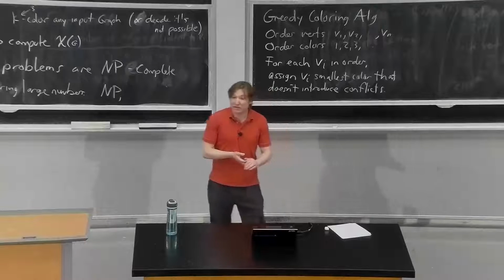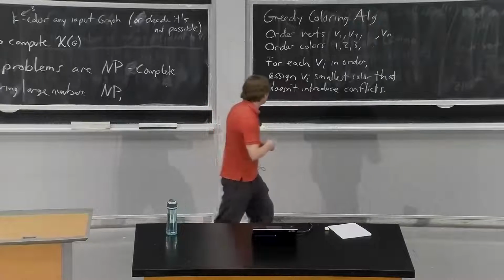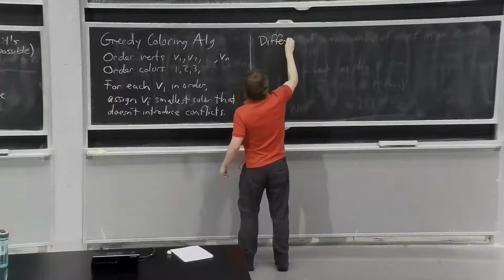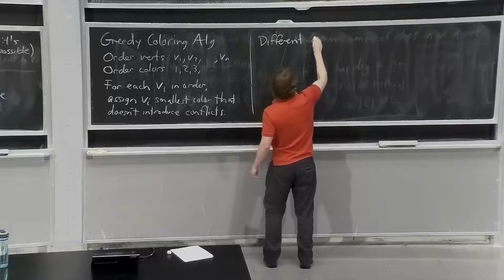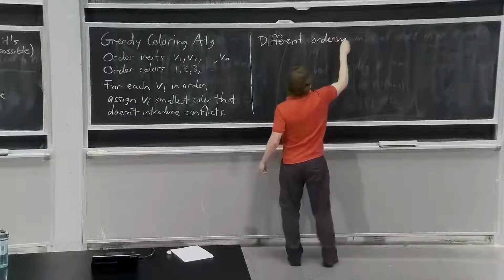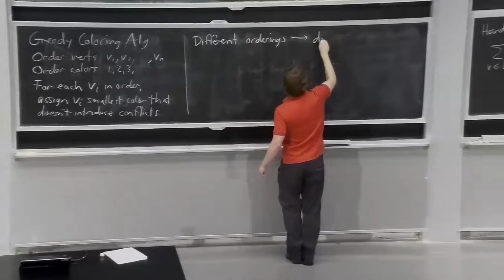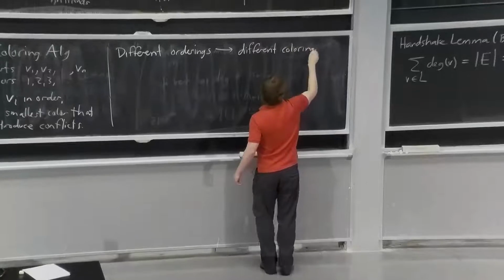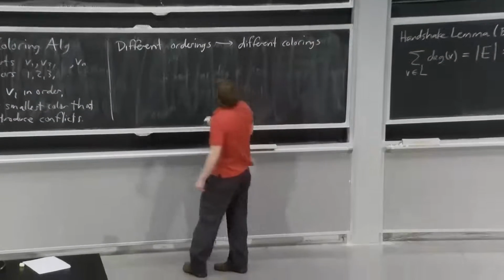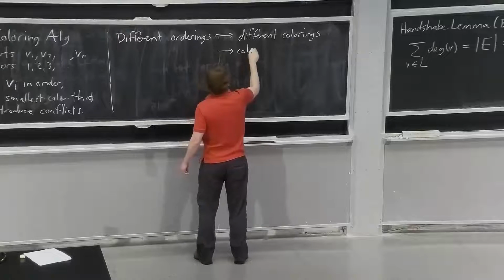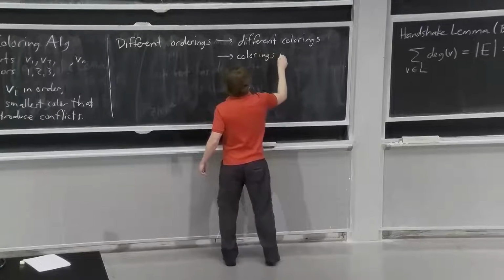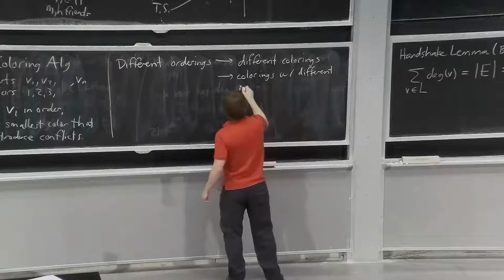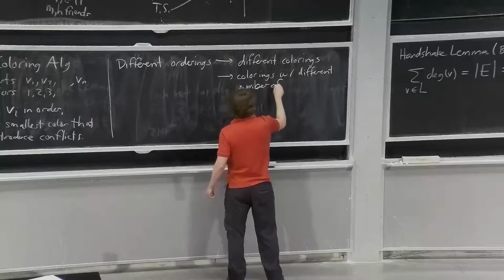Does that algorithm make sense? Awesome. One thing I want to mention is that different vertex orderings will often lead to different colorings, and often lead to colorings with a different number of colors.